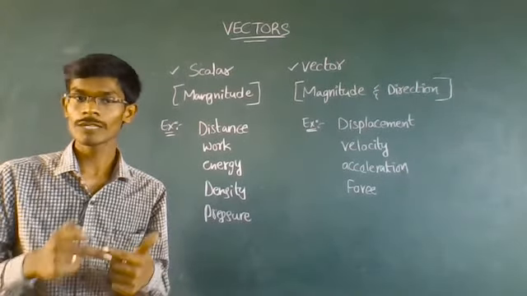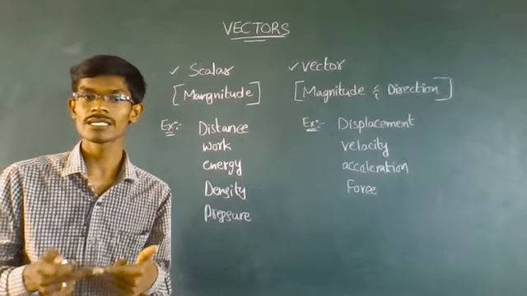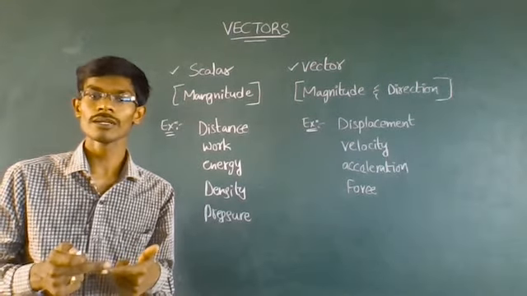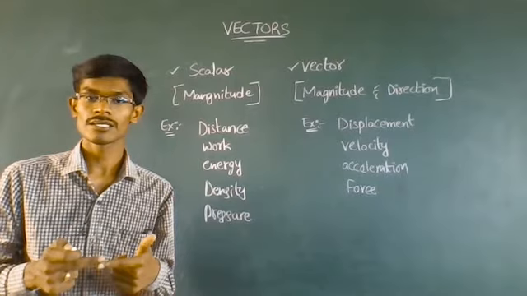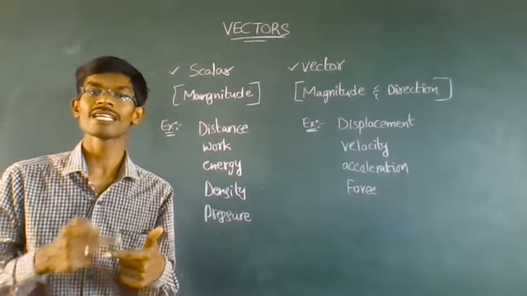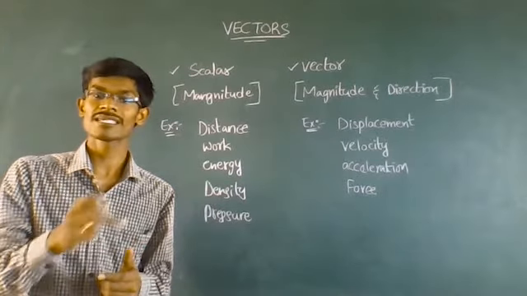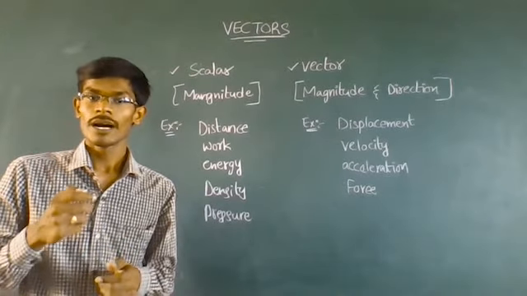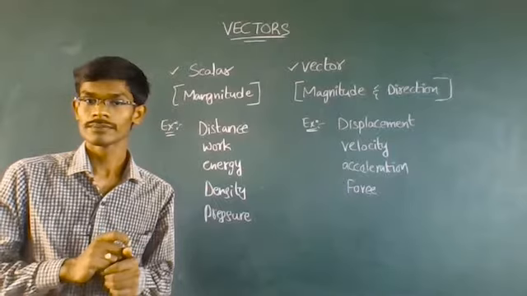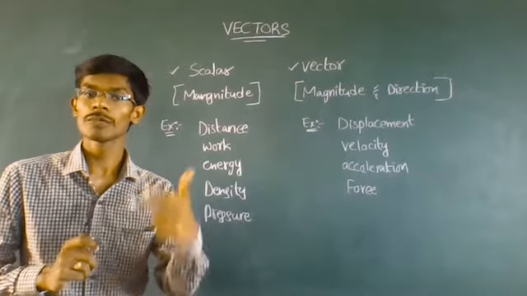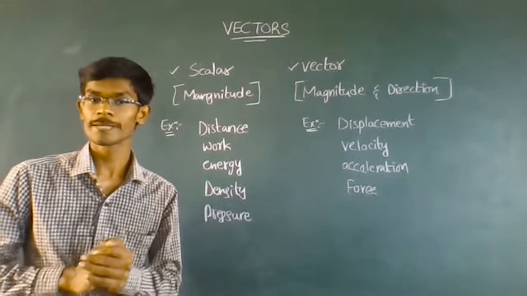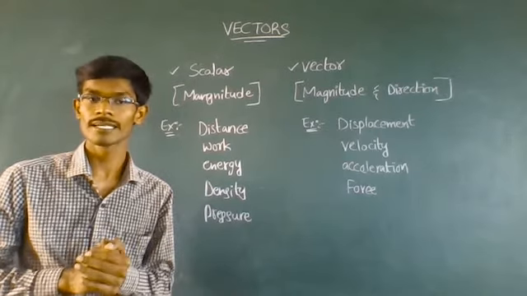Here, the question he is posing is asking only how much distance there is between the railway station and the home. But if the person asks how to come to your home, then what will we answer?